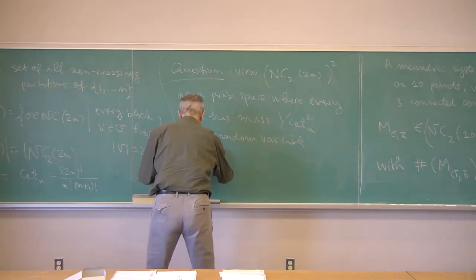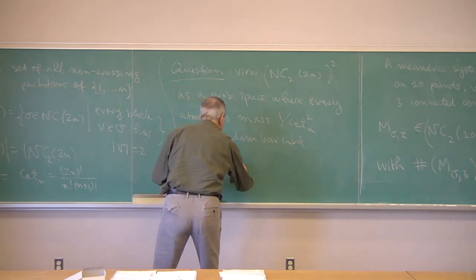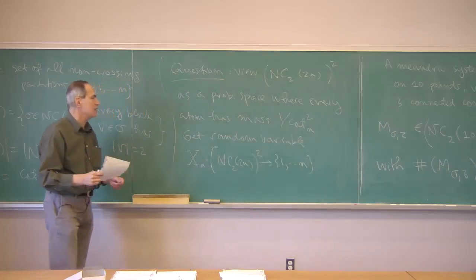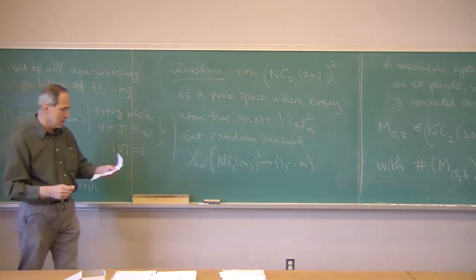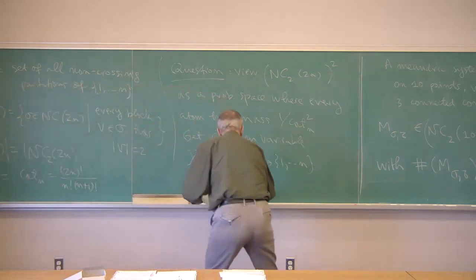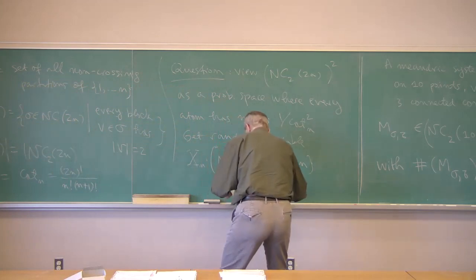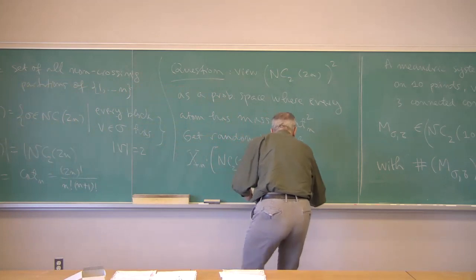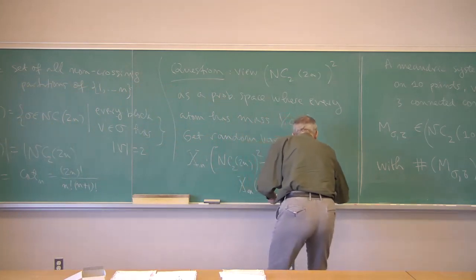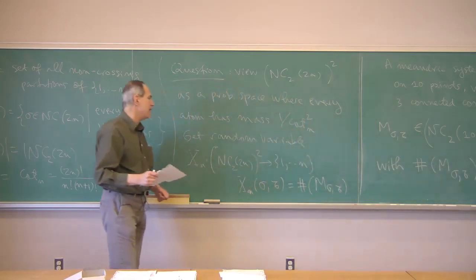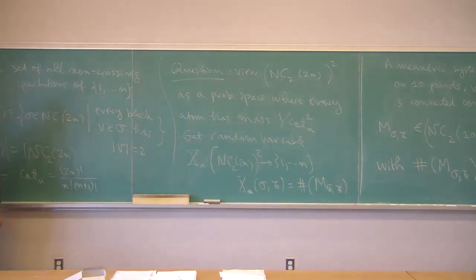Xn takes values in 1 to 3n, because these are the possibilities for the number of connected components. Xn of sigma, tau is the number of components of the meandric system which you create with sigma and tau. So that's a random variable on a probability space.